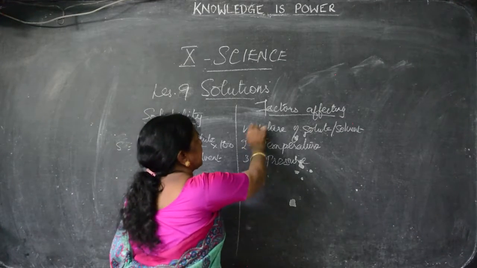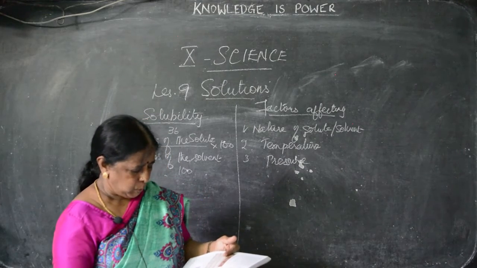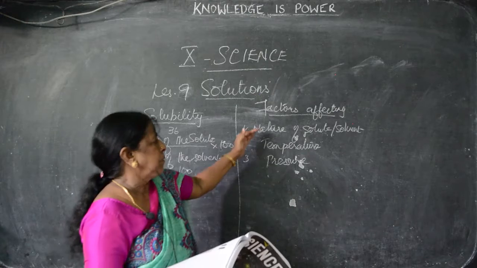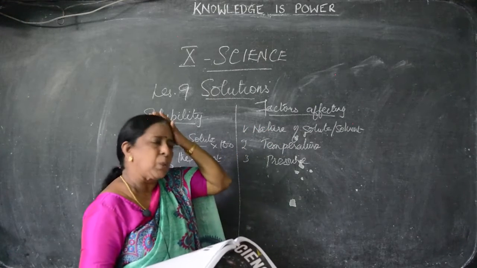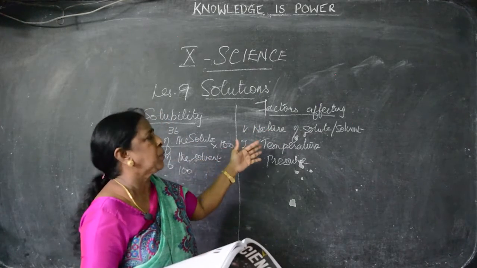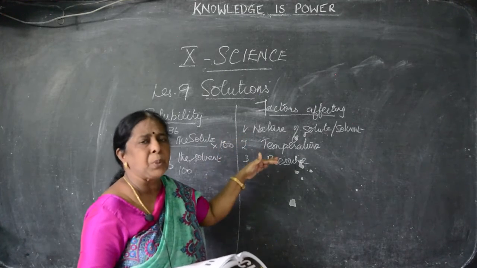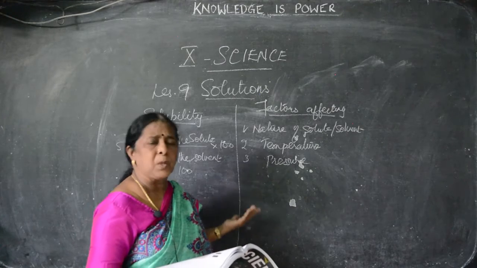First we will go for the first one, nature of the solute and solvent. Whether it is in the solid state or liquid state, first we have to see the solute. For example, sodium chloride easily dissolves in water. Suppose the same sodium chloride is put in some other non-polar solvent, it is not possible.